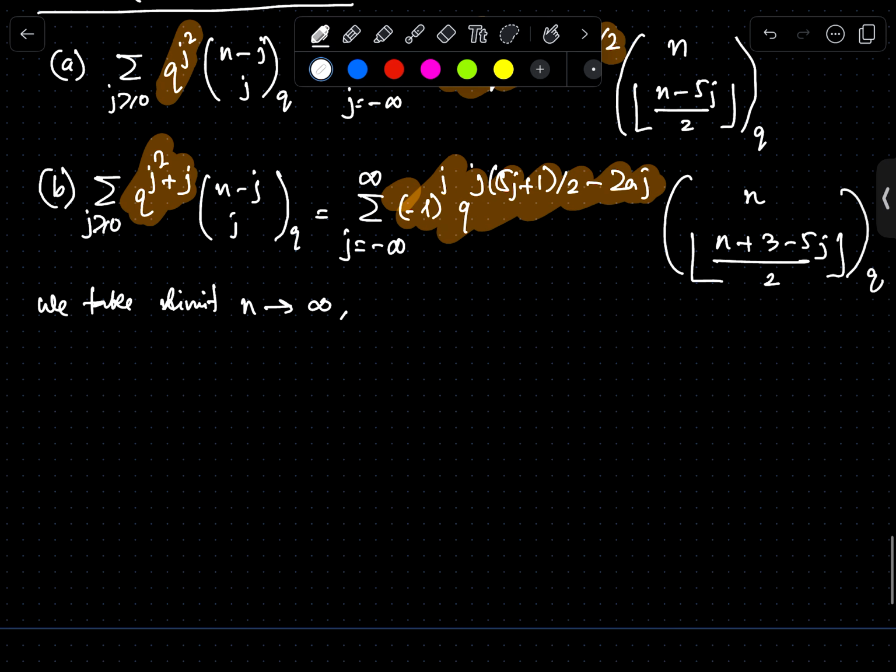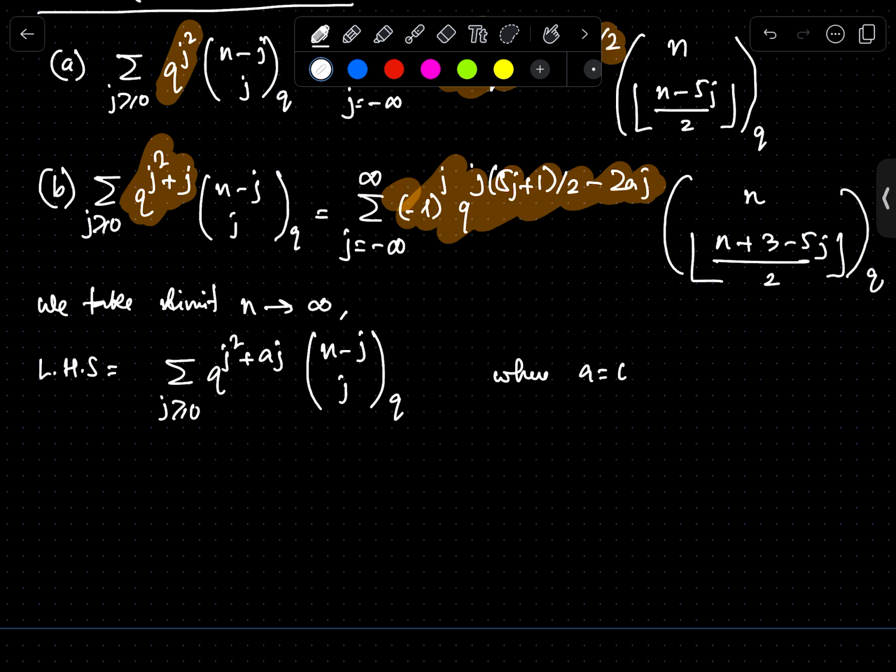So what happens in the first case? We can write both of these together. Let me write down the left-hand side. The left-hand side is just the summation of q raised to the power j^2 plus a j times the q-binomial (n-j choose j), where a is equal to 0 and 1.